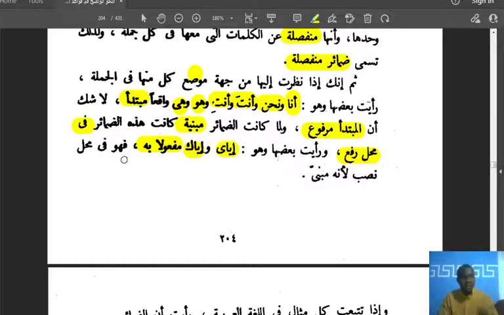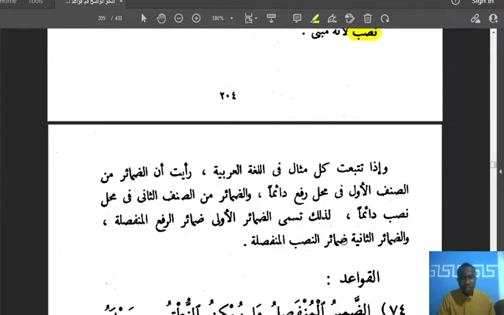But then we will do the i'rab so that we see it clearly. فهو في محل نصب لأنه مبني. So we also do i'rab and say مفعول به. We say مبني على الفتح. Then we say في محل نصب مفعول به. Okay, let's go back.